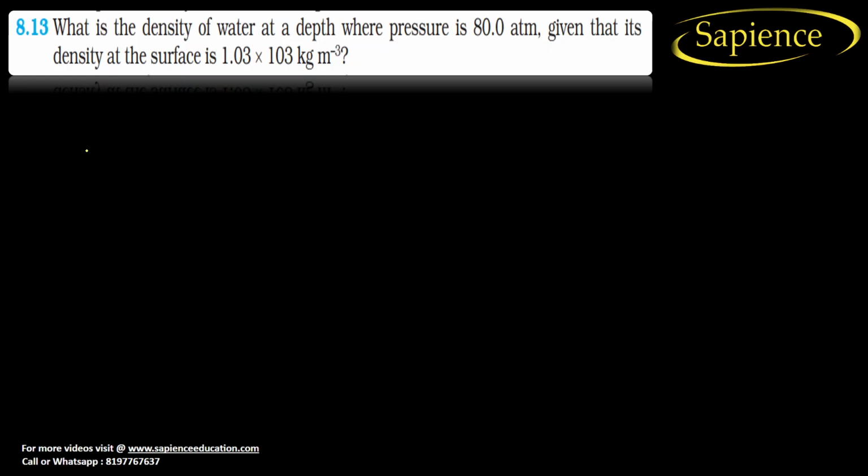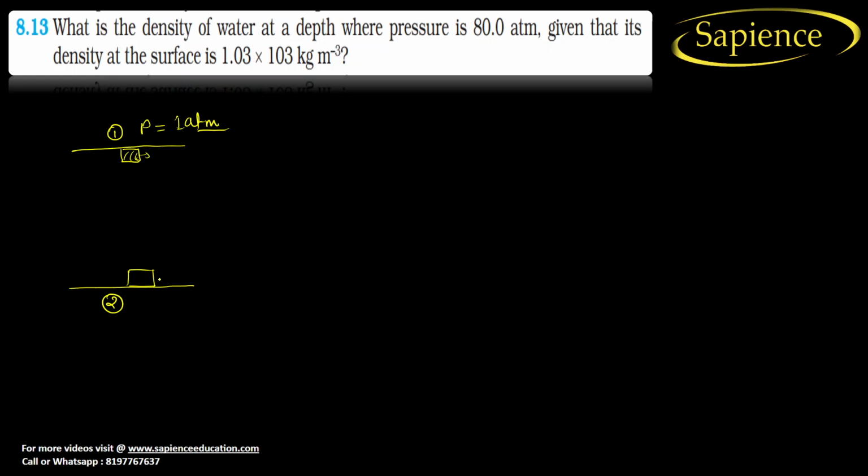The scenario is that this is the situation. Okay, got it? Now in this situation, let us consider there is a 1 meter cube volume. If I consider this as point 1 and this as point 2, the pressure at this point is how much? 1 atmospheric pressure.